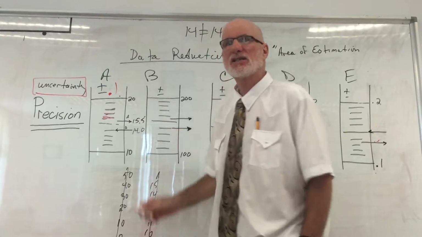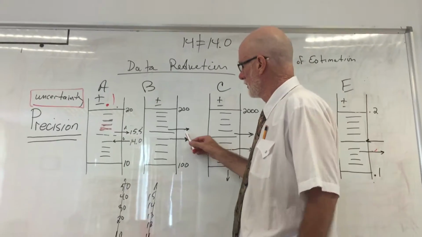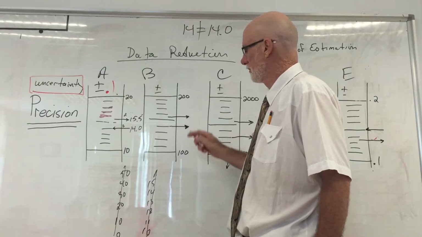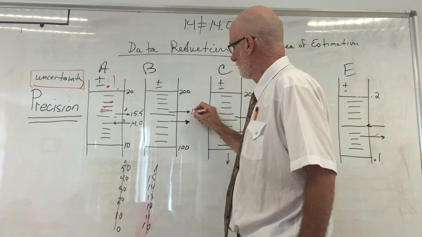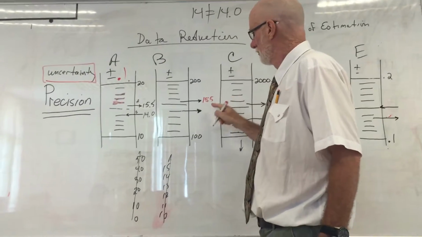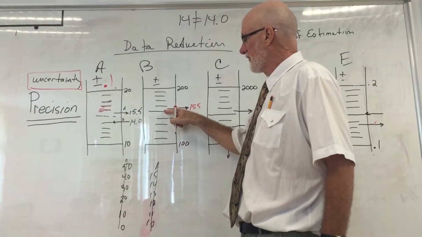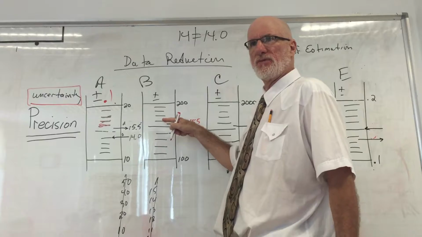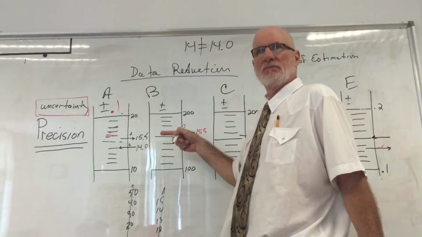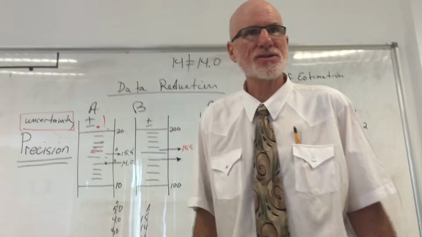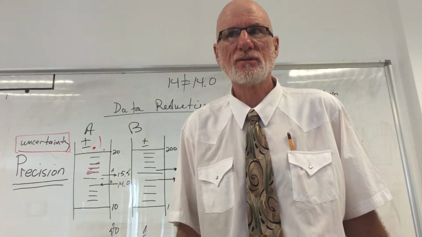Let's double check. What's this value here? 155. Is that right? Estimated, this is 150, 160, 155. Sounds good? You can always test, but what's the precision?